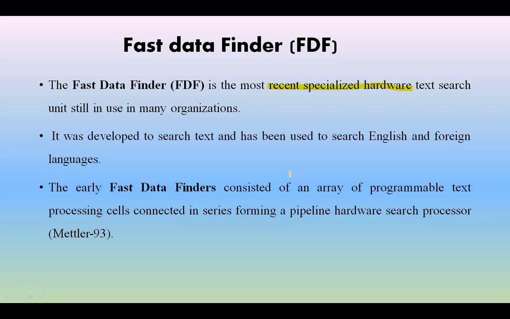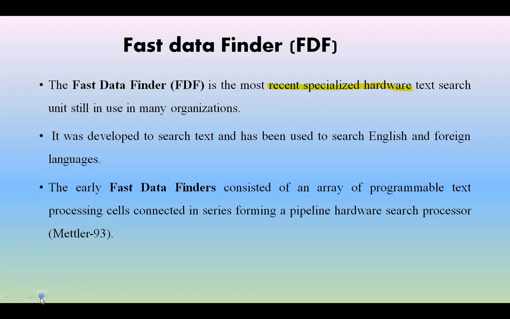It contains a series of cells forming a pipelining hardware search processor. These cells are used to extract the text, and they form an array of programmable text processing cells.